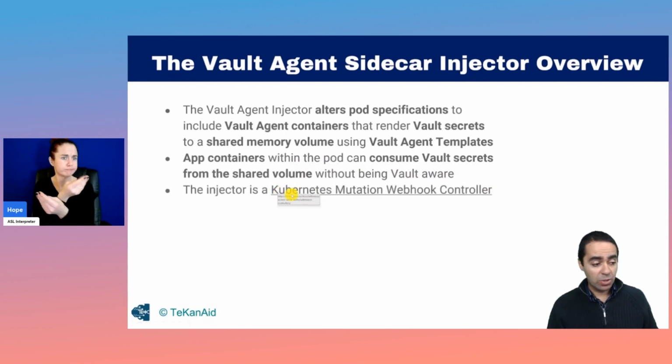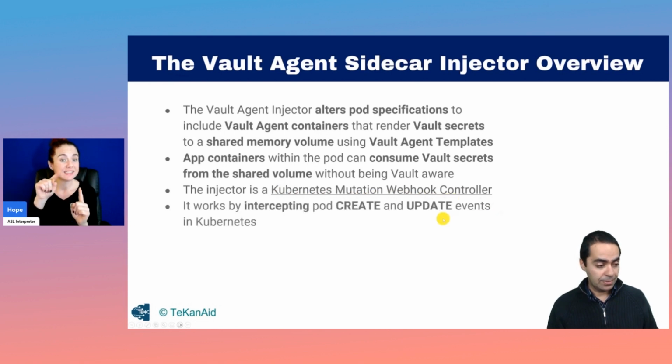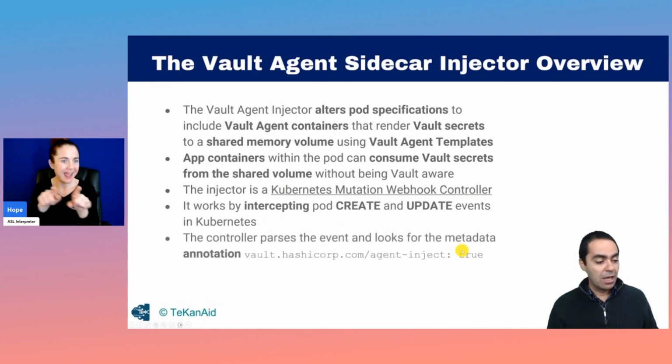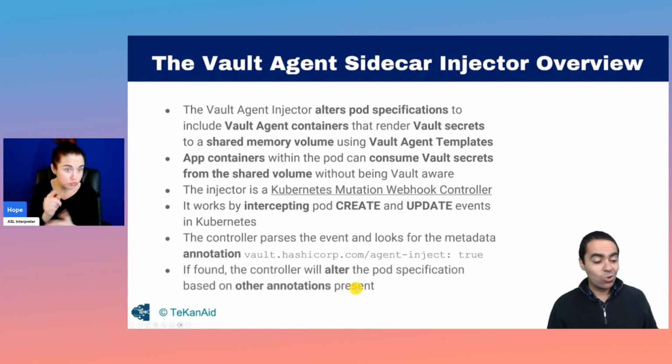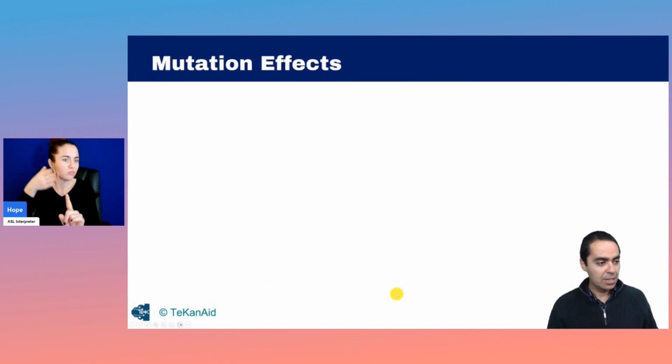The injector is a Kubernetes mutation webhook controller, and it works by intercepting pod create and update events in Kubernetes. Then the controller parses the event and looks for the metadata annotation vault.hashicorp.com/agent-inject set to true. And if found, the controller will alter the pod specification based on other annotations that are present.